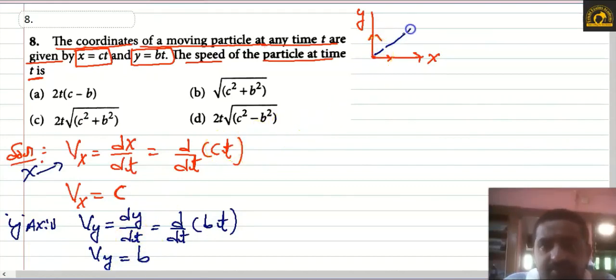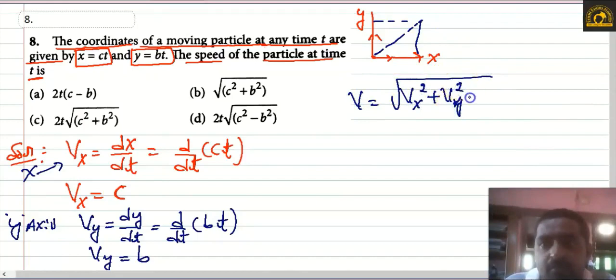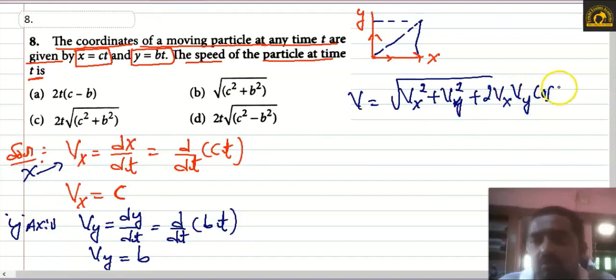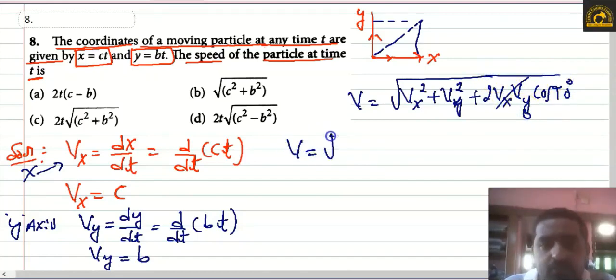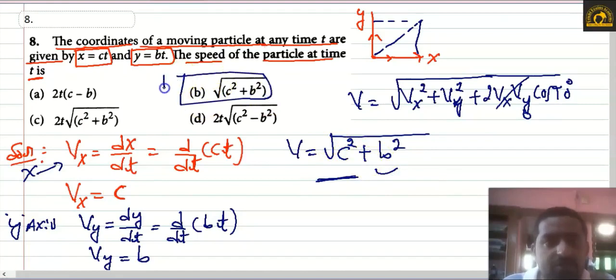Then the final step is the resolution of the vectors: v is equal to the square root of vx square plus vy square plus 2 vx vy cos 90. What is cos 90? It is 0, so that term becomes 0. So v is equal to the square root of vx square, which is c square, plus vy square, which is b square. So the answer for velocity is the square root of c square plus b square. That is option B, the correct answer for the 8th question.